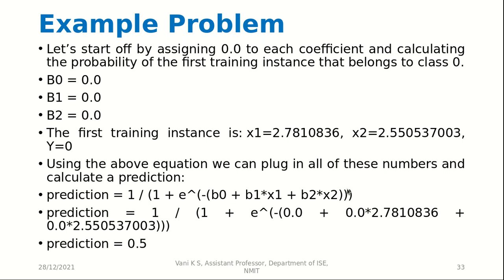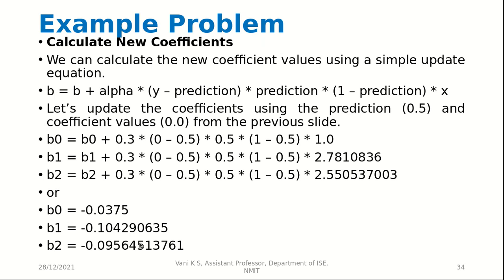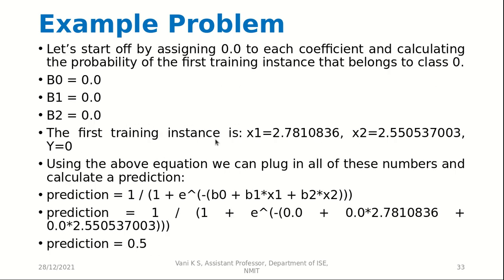Now after getting this prediction, we get 0.5, and then we check the value we were supposed to get. For the first training instance, we were supposed to get y as 0, but we got 0.5. So now we will do it again.